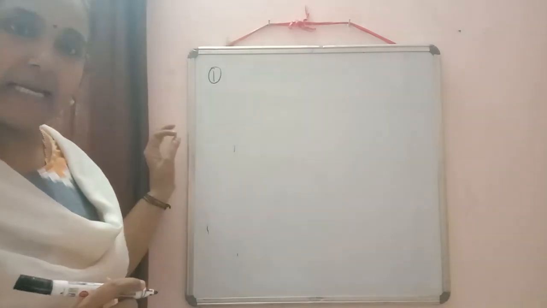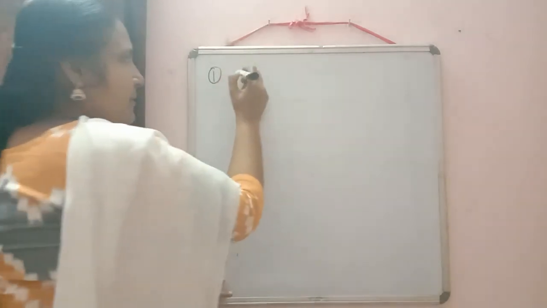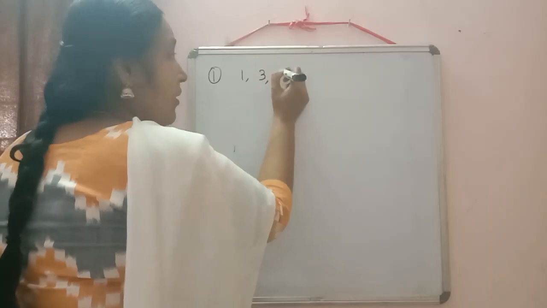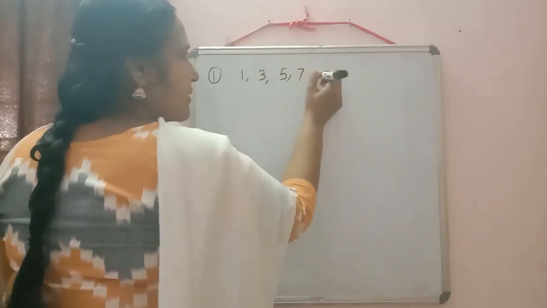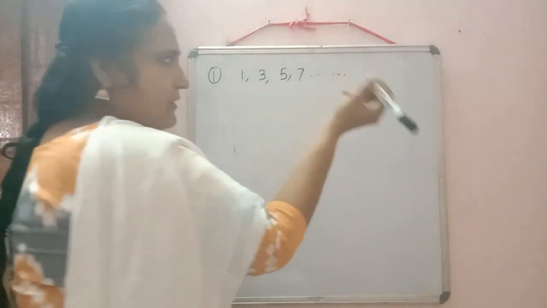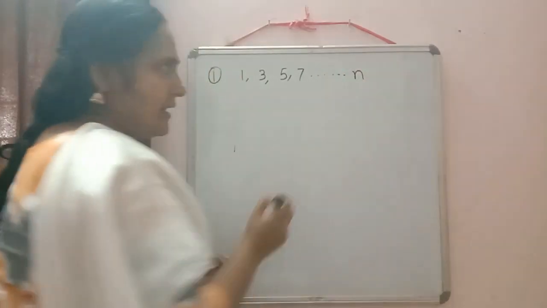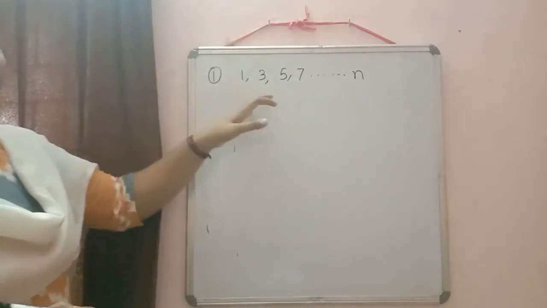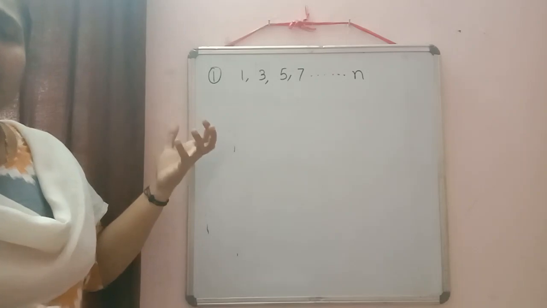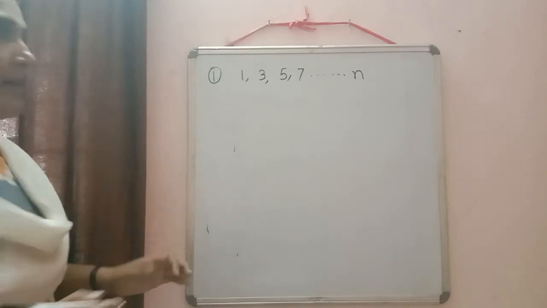First we can write down the numbers. We have the numbers 1, 3. Odd numbers we want in this way. Total how many numbers are there? We don't know, so total we can write here n. So how can we calculate the mean? Yes, our formula.